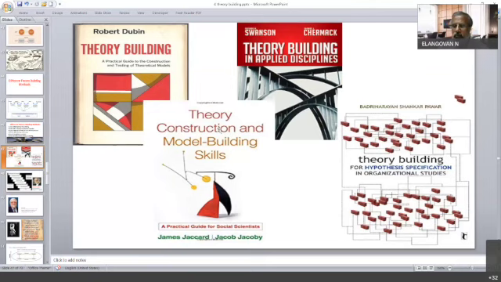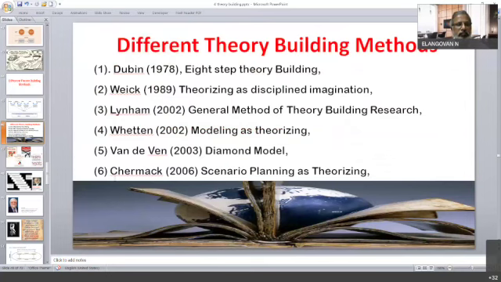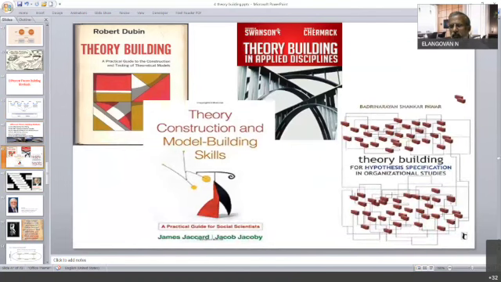We will be talking about that in the next class. So this book talks about those two. And this is what I was telling you, theory building in applied disciplines. This Cermak, where is he? Here he is. And one more author is there, Swanson. Very popular authors who speak about theory building in applied disciplines.